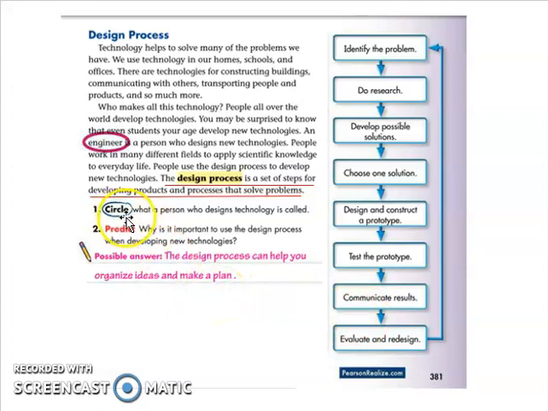So number one, what is a person who designs a technology called? A person who designs technology is called an engineer. This is not a job, but a noun for a person who designs technology.